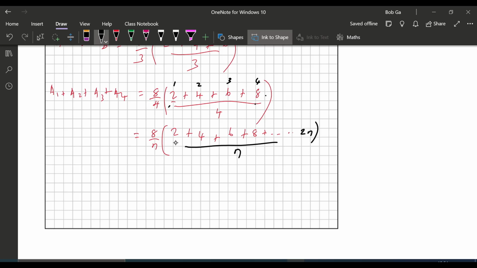So this is how it comes out. Okay, 2 plus 4 plus 6 plus 8 up to 2n, all over n. Everything over n. Okay, all right, so let me go back to red ink.